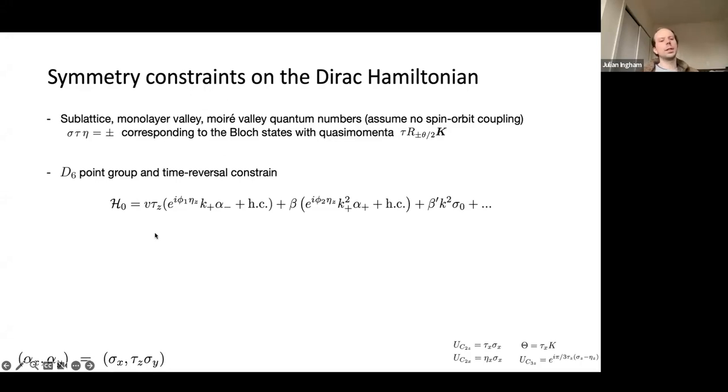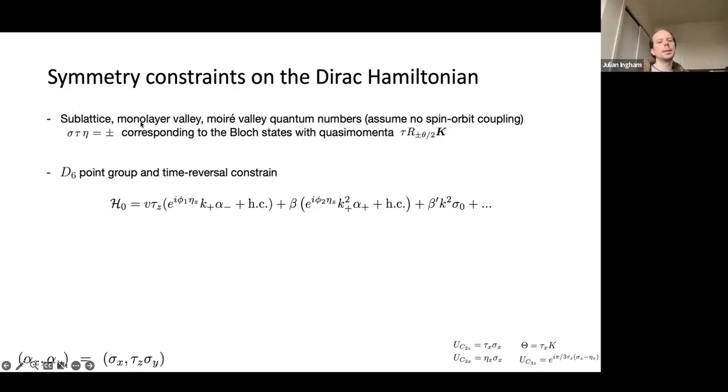And we shall use the spatial symmetries, which correspond to the D6 point group, and time reversal. And that gives us this k dot p type Hamiltonian that we have here, where plus dots correspond to higher powers in momentum, so cubic and higher. And this is an expansion essentially around the Dirac point.